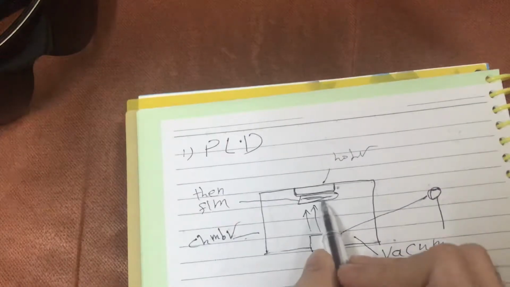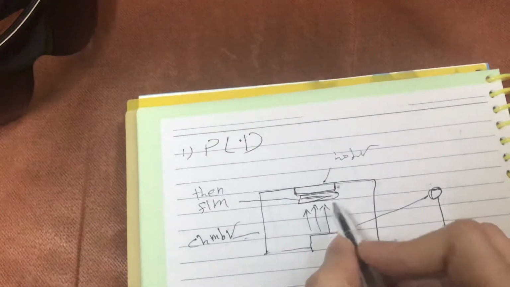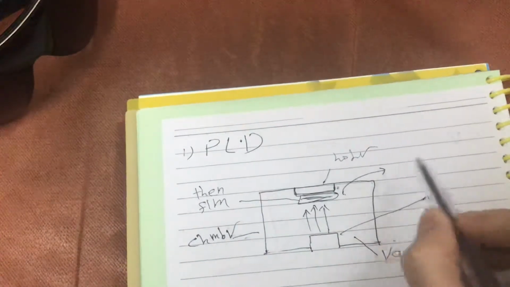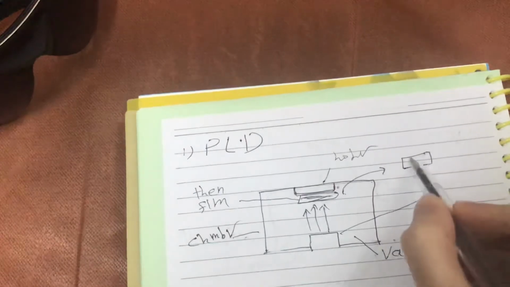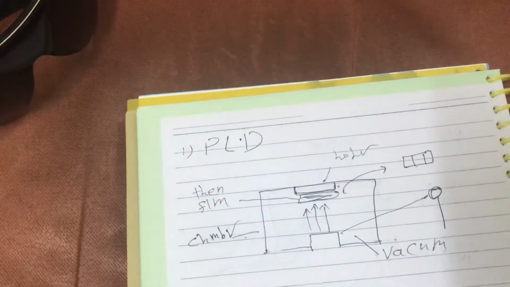It will vaporize onto the thin film material. And this thin film will be a semiconductor. You know, my dear student, semiconductor means it sometimes conducts electricity and sometimes not.